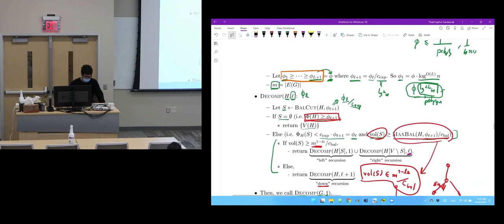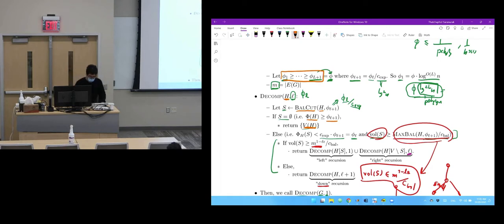And what we do is, given any graph, we find a balanced sparse cut, right? And if we cannot find one, if this procedure says that H is already an expander, then we return it.